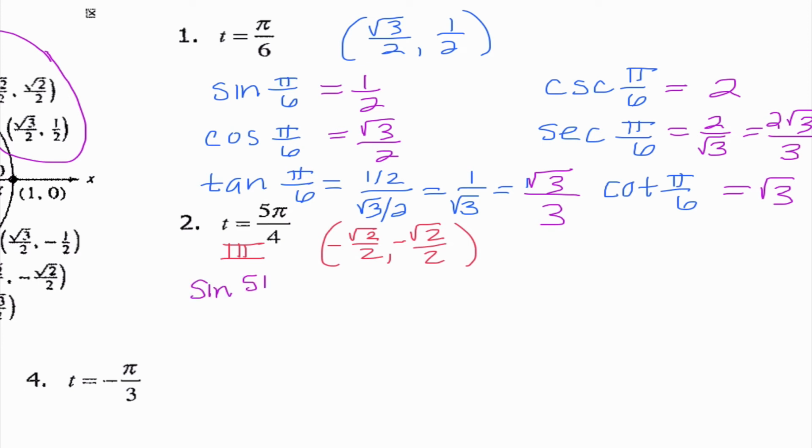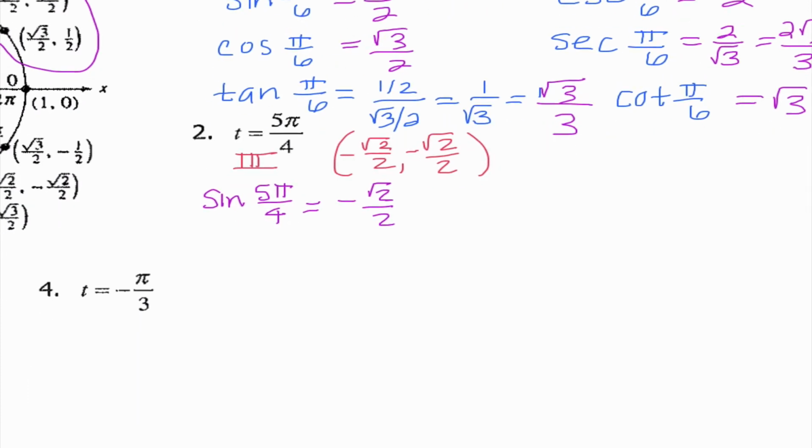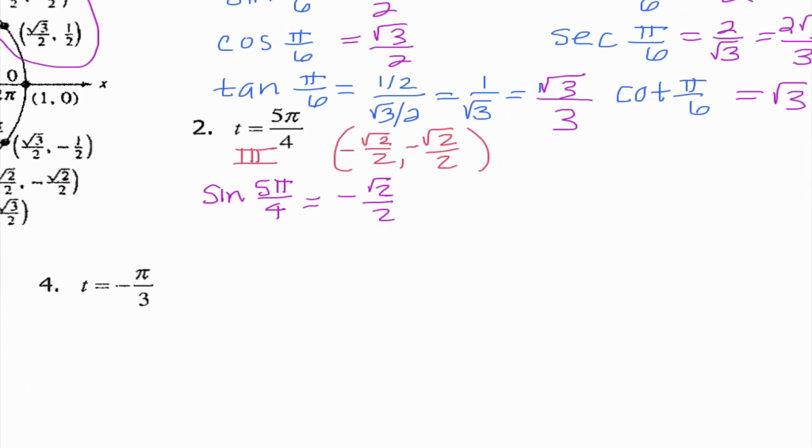So if I am going through this, I'm going to say the sine of 5 pi over 4 is equal to negative radical 2 over 2, because that is our y value. The cosine of 5 pi over 4 is going to be negative radical 2 over 2, because that is the x value. The tangent value of 5 pi over 4 is going to be y over x.